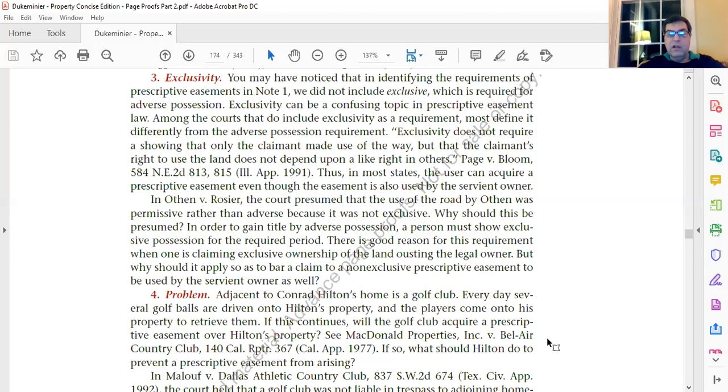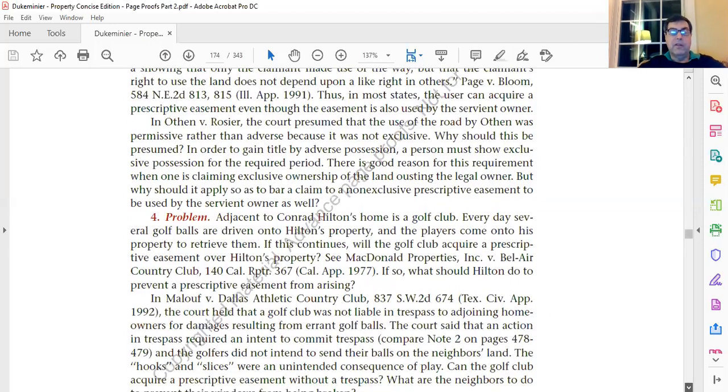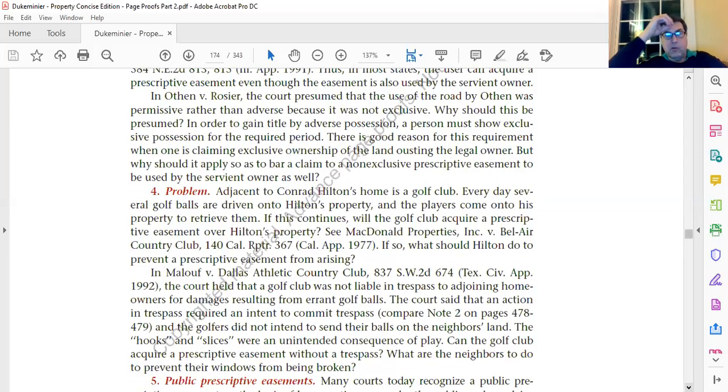So if allowing the golfers to come onto your property to get the golf balls risks the creation of a prescriptive easement, is there anything that the landowner could do to stop the easement from coming into existence? One possibility is put up a fence, just keep the golfers out of your property.